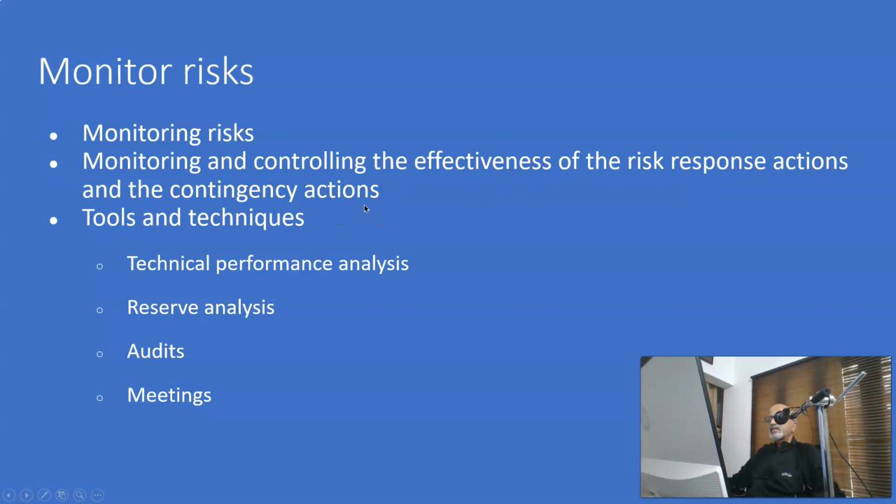How effective are they? And the tools and techniques used for monitoring and controlling are technical performance analysis of the deliverables of the project, reserve analysis, audits, meetings, risk audits, and how effective the risk management is happening can be revealed through a risk audit. Reserve analysis, we have funds for risk management, how much we utilized, how much is the balance.